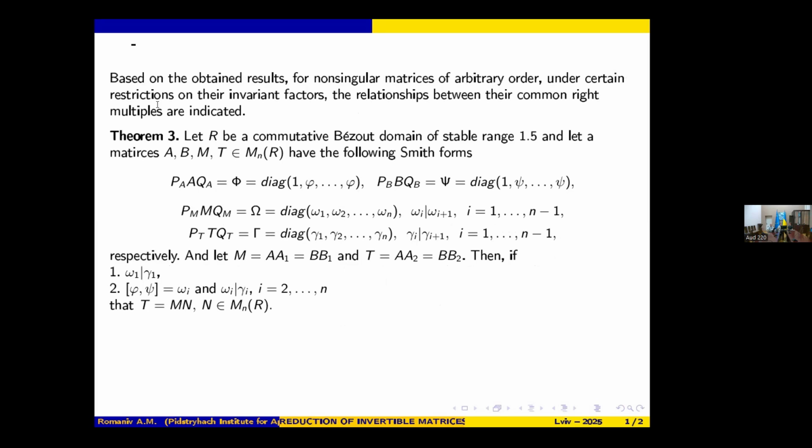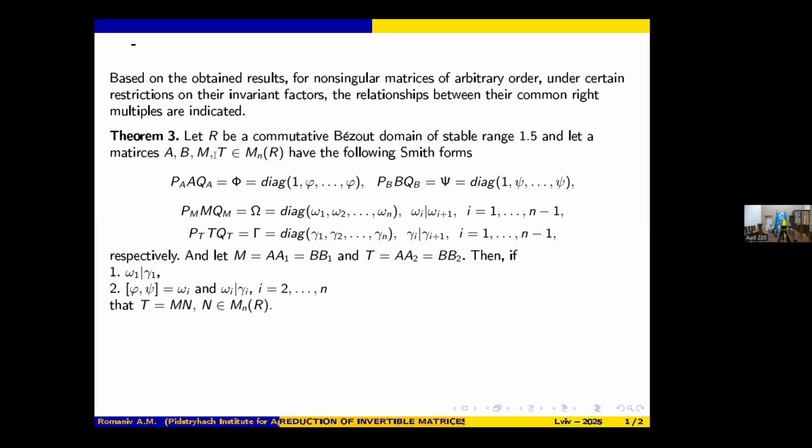Based on the obtained results, for non-singular matrices of arbitrary order and under certain restrictions on the invariant factors, the relationships between the common right multiples are indicated. Theorem 3. Consider the matrices A, B, M, and T, which have the following Smith forms: phi, psi, omega, and gamma.